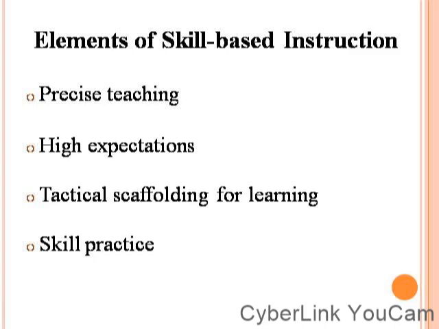Third one is tactical scaffolding for learning. Scaffolding is a strategy which shares many similarities with differentiation. It refers to a wide variety of teaching techniques and lesson adaptations that educators use to instruct a diverse group of learners with varied learning needs in the same course, classroom, or learning environment.